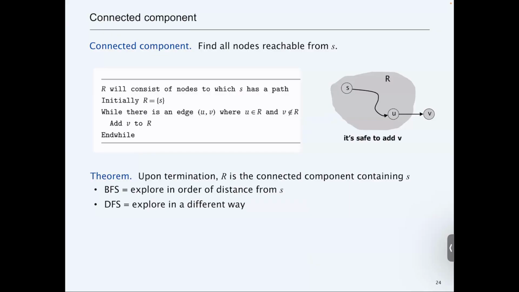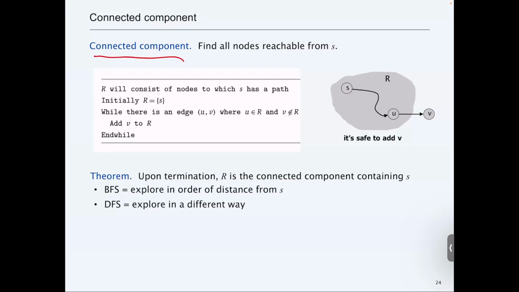This slide is giving us a very high level reachability algorithm. So we're maintaining a set R, and that set R is going to contain all of the vertices that are currently known to be reachable from S. Okay, so we're still doing the connected component problem, but we're just seeing a nice pseudocode algorithm for how to do it.